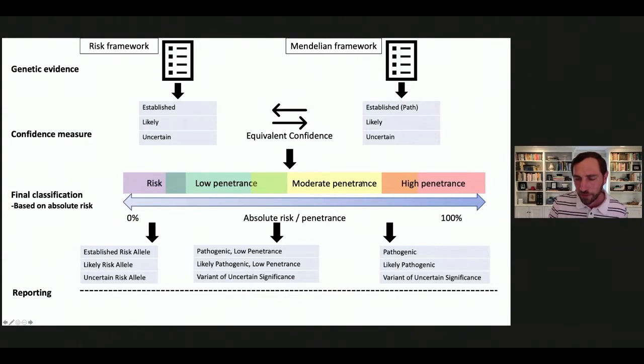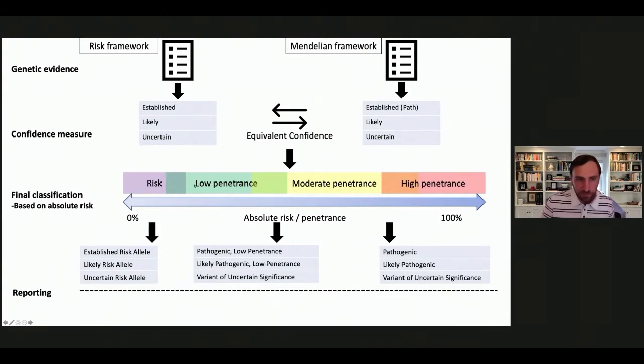I will say that we have this potential for moderate penetrance in here. It's unclear if that will be our final recommendation to include that, or to only include low versus no terminology. What we are currently suggesting is that there is your standard pathogenic, likely pathogenic, VUS. And then you have these qualifying terms when something falls into this bucket here, for pathogenic low penetrance and likely pathogenic low penetrance.